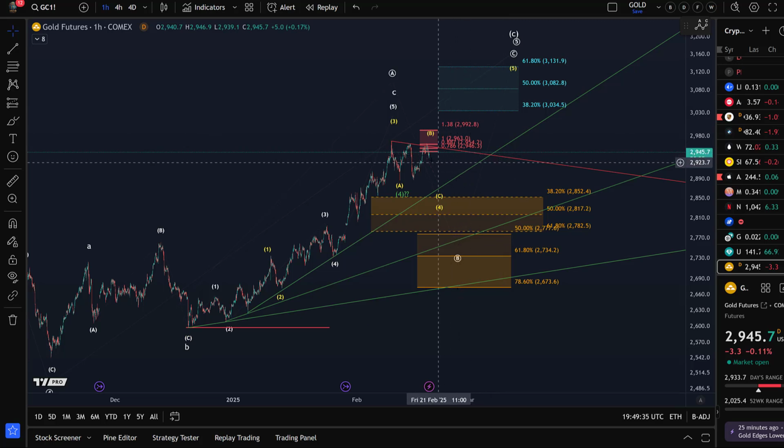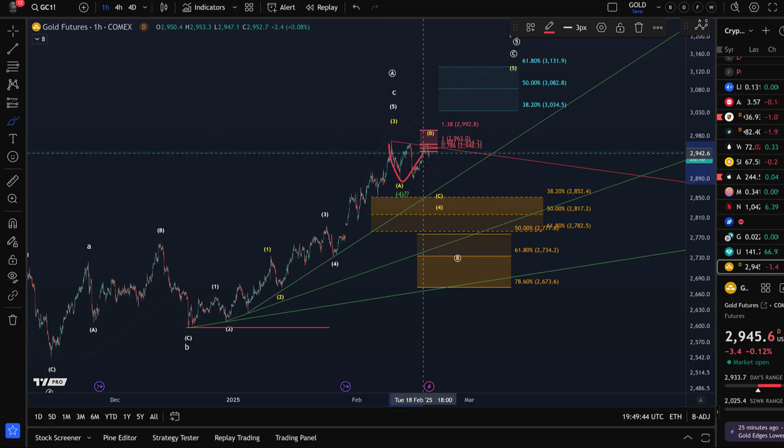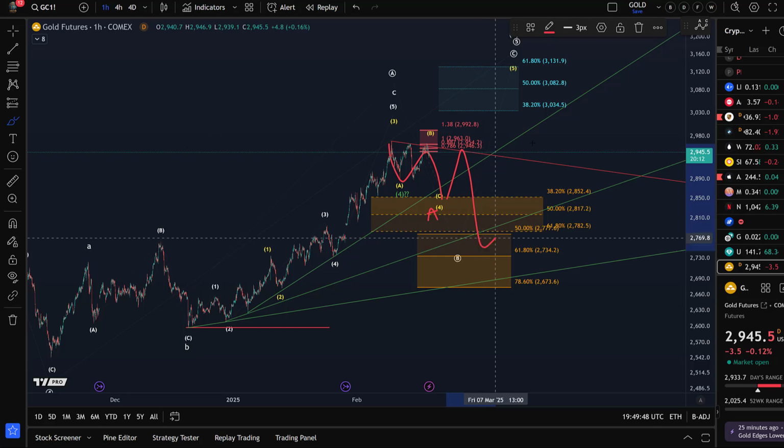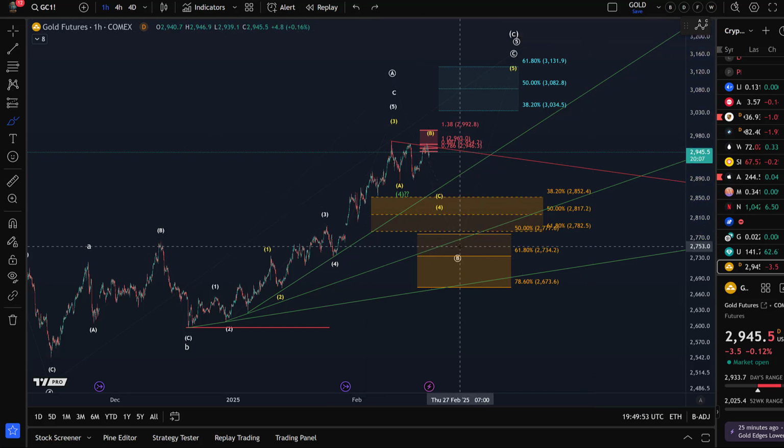But this one allows for quite a deep pullback in an ABC structure, and we might be in the early stages of that, even though I don't really have a very clear micro count. Could be A wave, B wave, C wave in wave A, then a B, then a C, and then we go up further. So this is what I would watch for, at least.